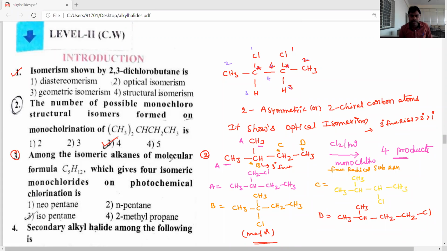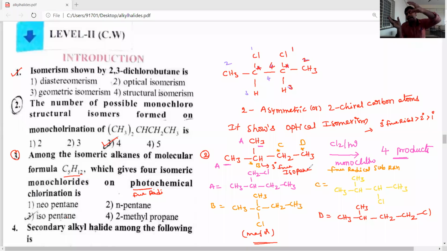Among the isomeric alkanes with molecular formula C5H12, which gives 4 isomeric monochlorinated products on photochemical chlorination? Photochemical chlorination is nothing but a free radical substitution reaction. So which gives 4 products, my dear students? Isopentane. This, CH3, bond CH, bond CH3, is isopentane only.